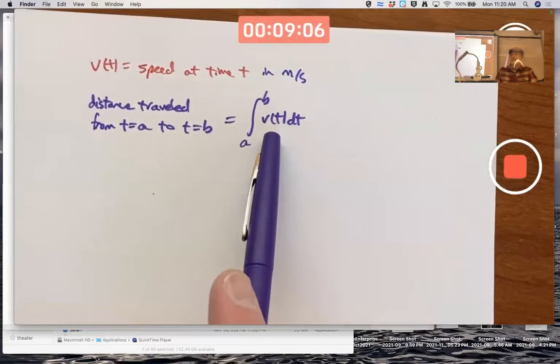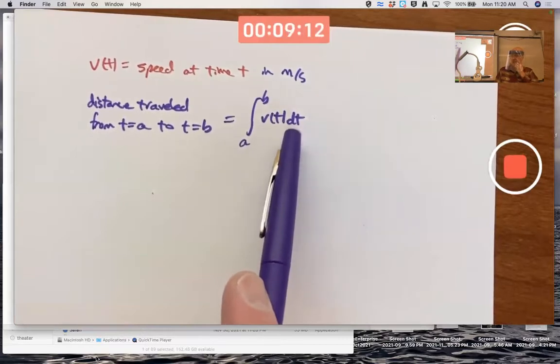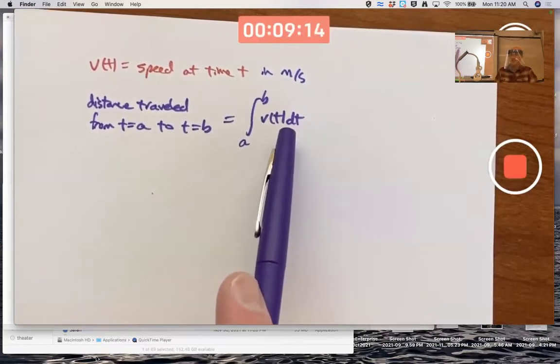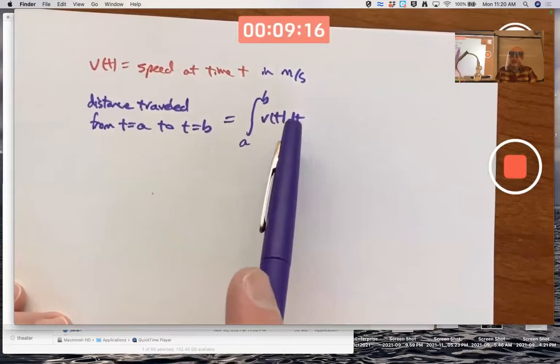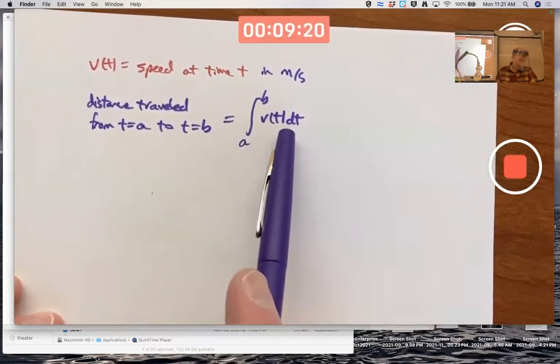The variable is t, we're integrating with respect to t. However, Leibniz was the one who introduced this notation. Leibniz did imagine this to be a multiplication, v of t times dt, dt being an infinitesimally small amount of time.